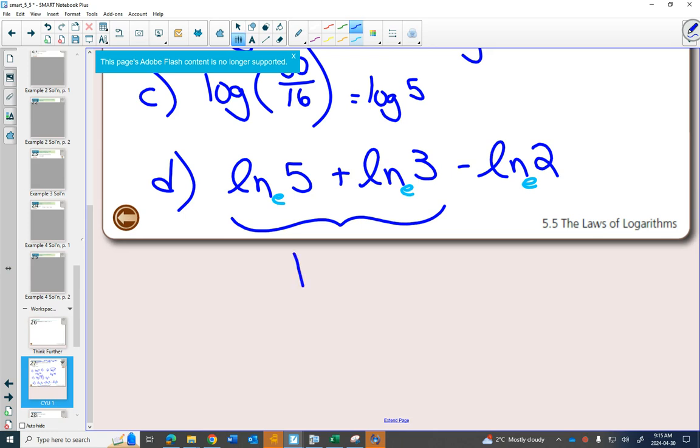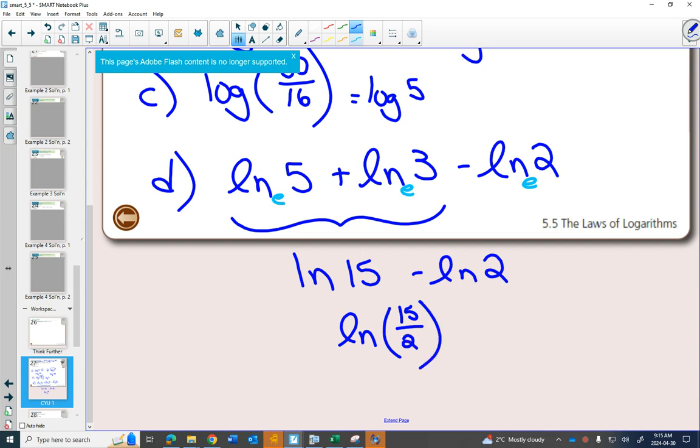So these two right here, we're adding with the same base, so I could combine those together by multiplying. And now I'm subtracting with the same base, so I could combine those together by dividing.